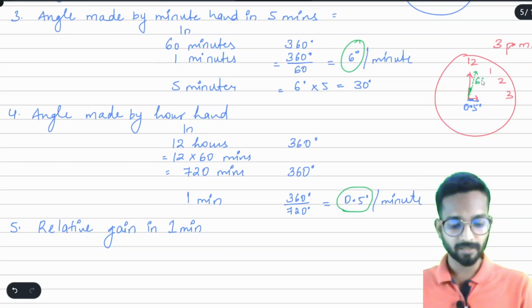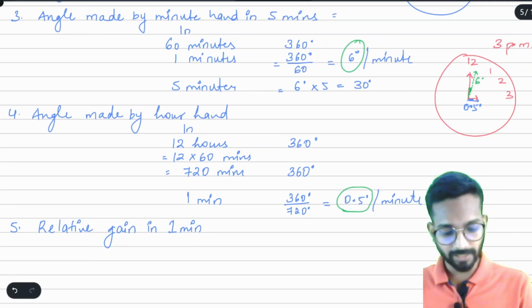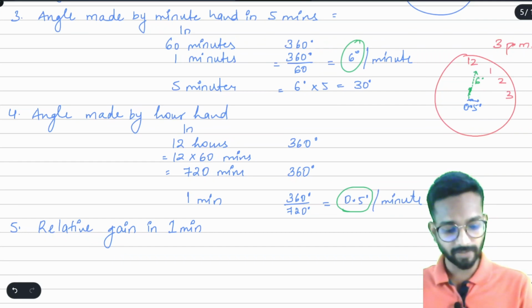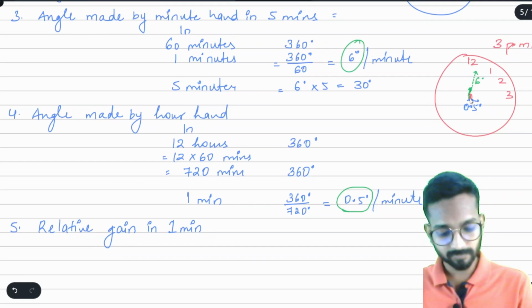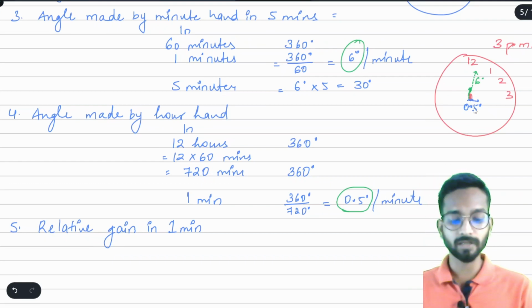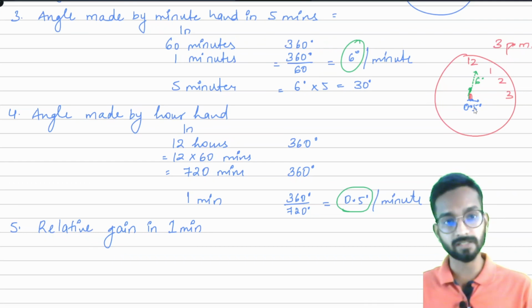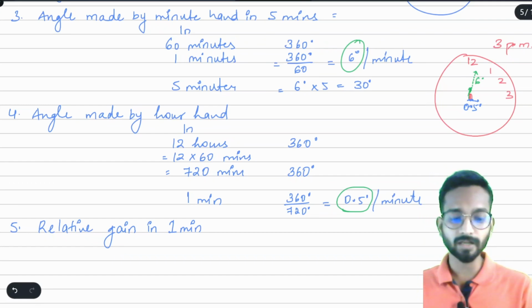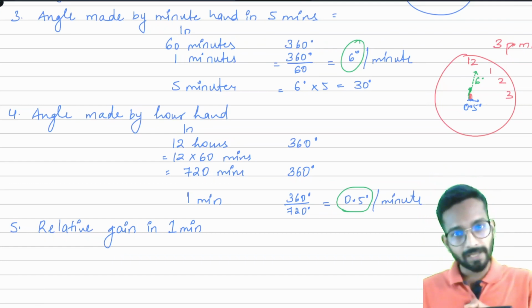Now understand, between the blue and the green, if I have to find the angle, what is this angle? After 1 minute, how much angle has been increased? At 3 p.m. the angle was 90 degrees, but after 1 minute the hour hand also moved a little bit, and the minute hand has also moved.